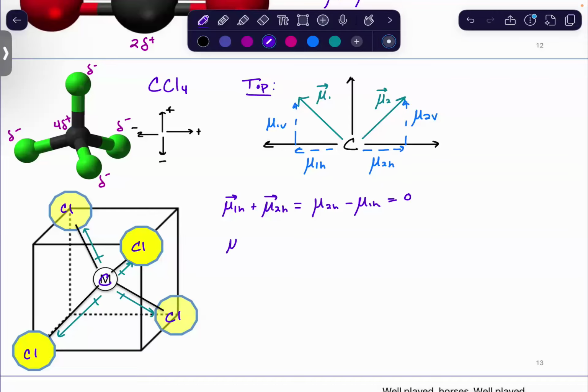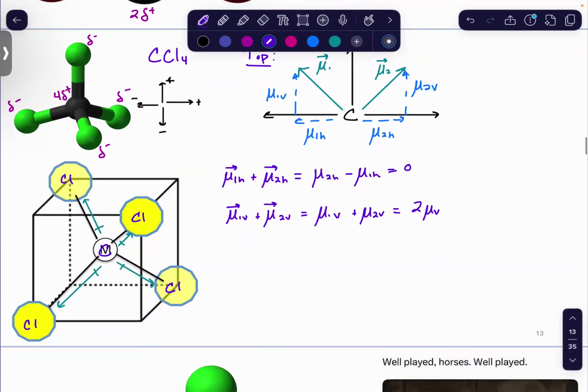Whereas our verticals are both pointing in the positive direction. Overall, this is going to give us basically a magnitude of 2 for our vertical dipole components.